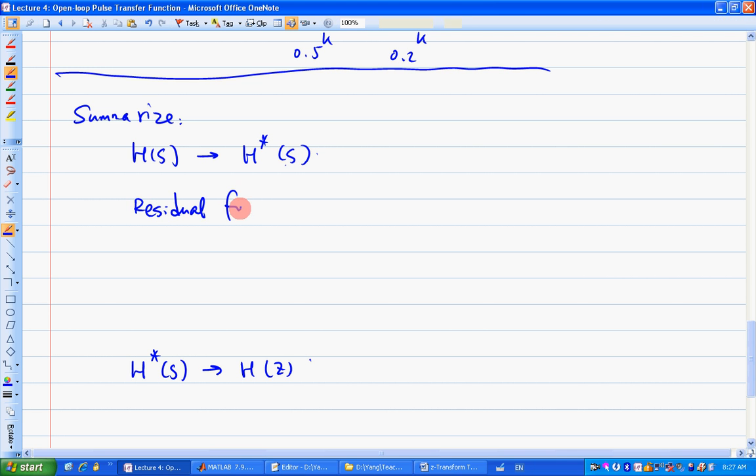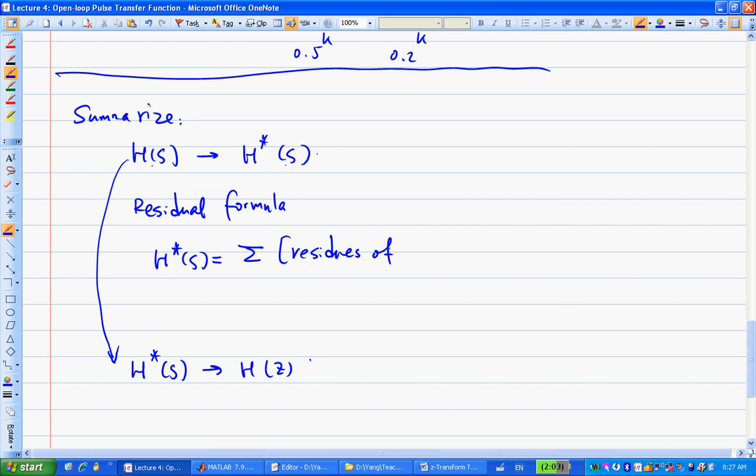One exercise I'll give you today is to obtain H of Z using this approach: first from H of S to H star of S, then to H of Z. You need the residual formula, which says H star of S equals the total sum of residues of this expression.